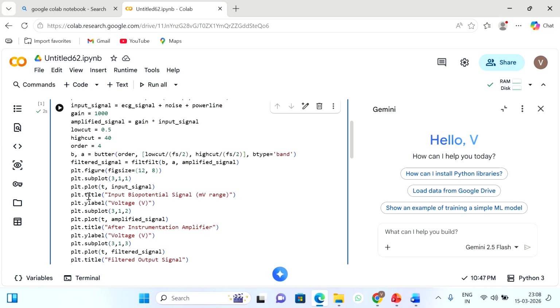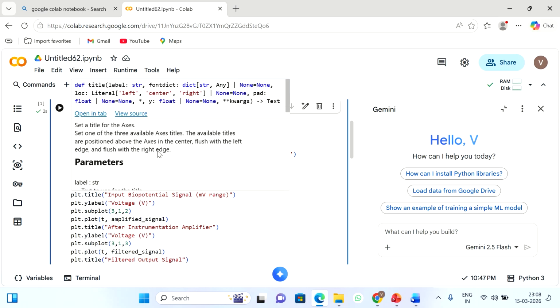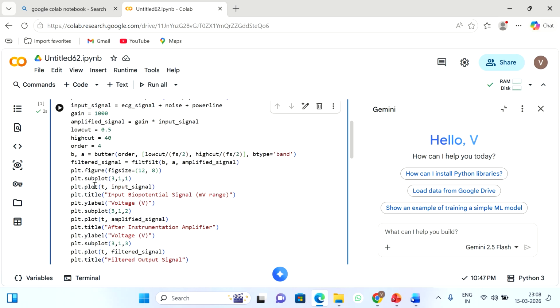Then plt.subplot(3, 1, 1). This divides the figure into 3 rows and 1 column and selects the first spot. So there will be 3 stacked graphs.